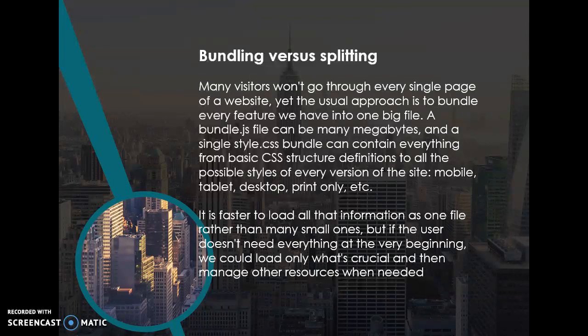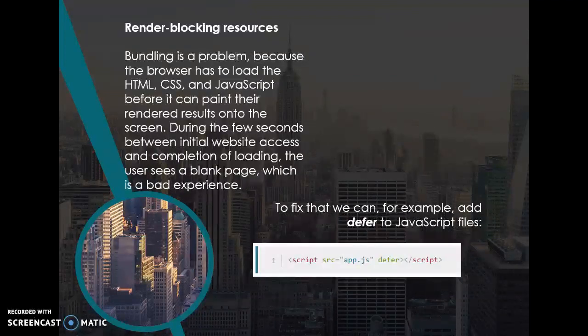A bundle.js file can be many megabytes and a single style.css bundle can contain everything from basic CSS structure definitions to all the possible styles and every version of the site: mobile, tablet, desktop, print only, etc. It is faster to load all that information as one file rather than many small ones, but if the user doesn't need everything at the very beginning, we could load only what's crucial and then manage other resources when needed.